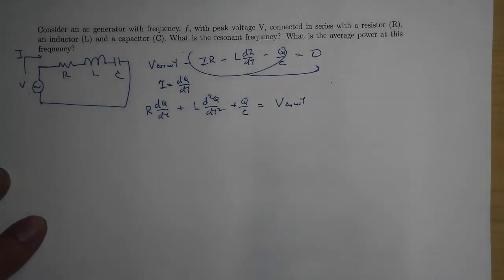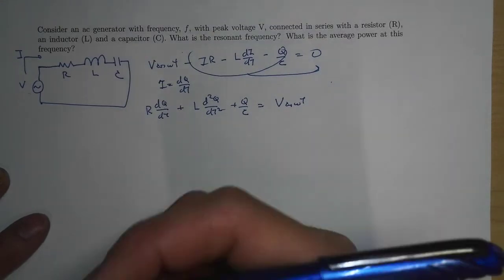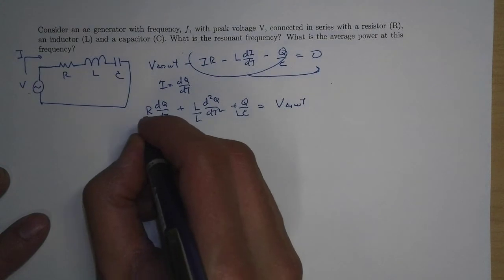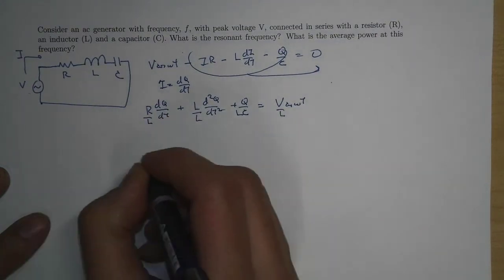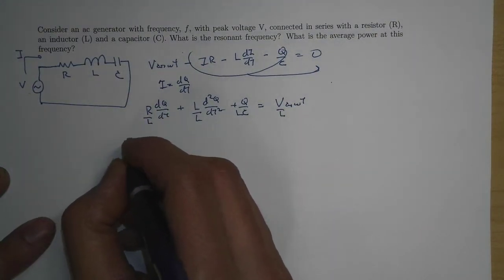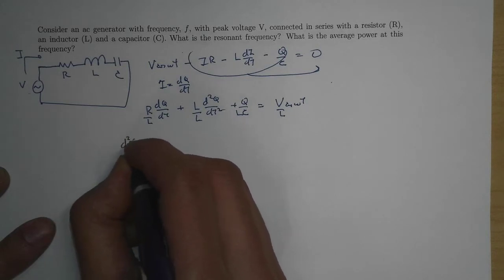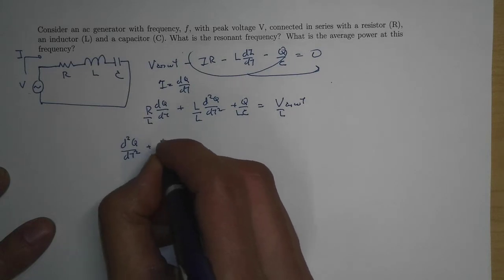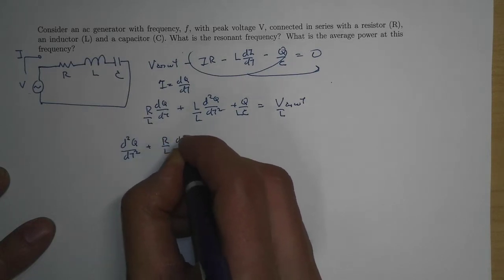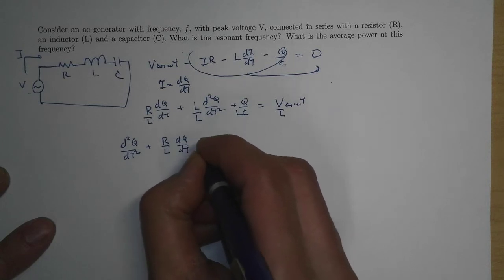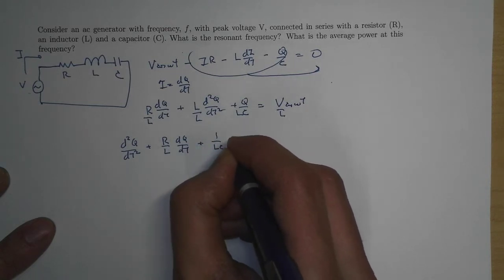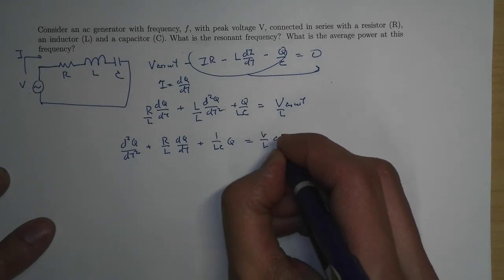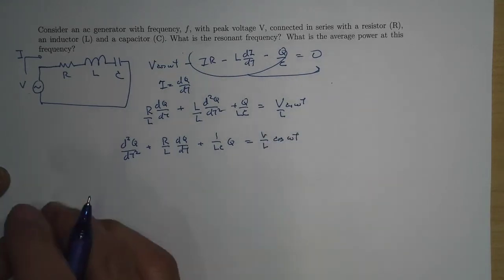Now I'm going to write this more like a simple damped harmonic oscillator. I'm going to divide by L on all sides, and we get something that looks like this: d squared q/dt squared plus R over L dq/dt plus 1 over LC q is equal to V over L cosine of omega t.